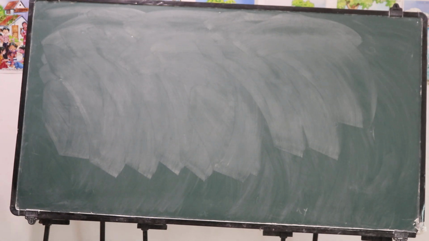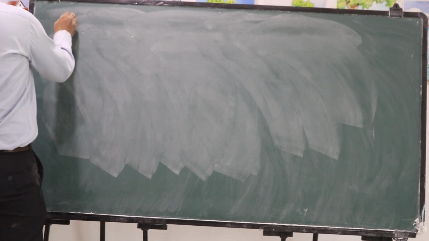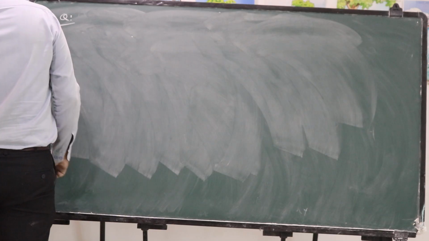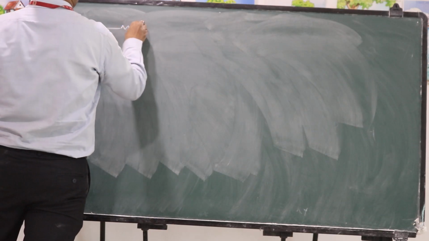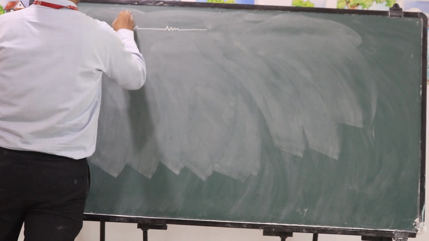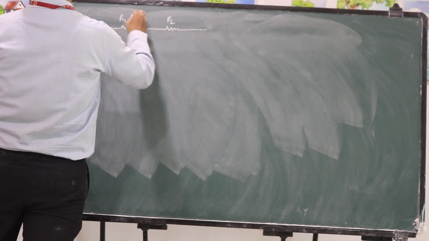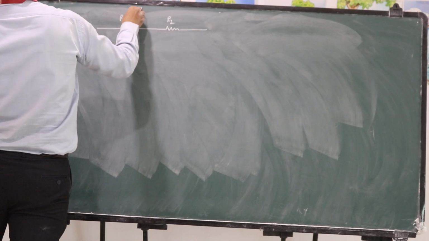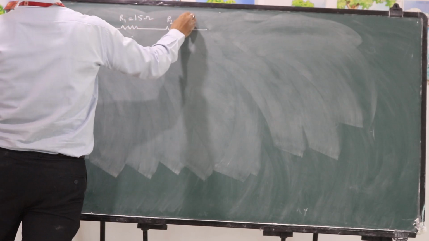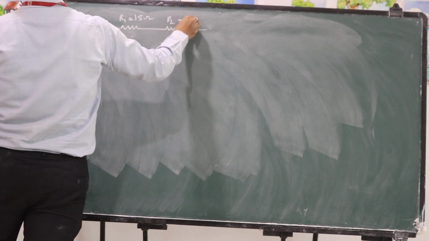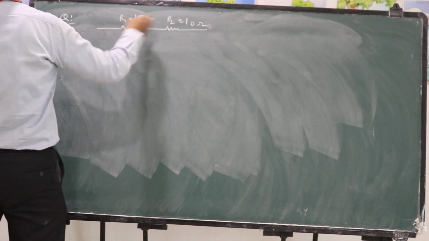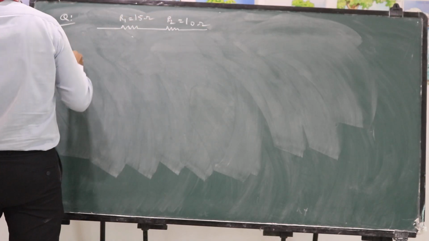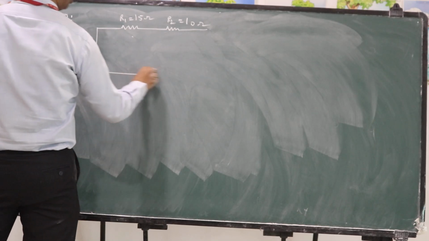The problem is like this. Here they gave two resistances, R1 and R2. The R1 value is 15 ohms, and the R2 value is 10 ohms. They were connected in the two gaps of the meter bridge.